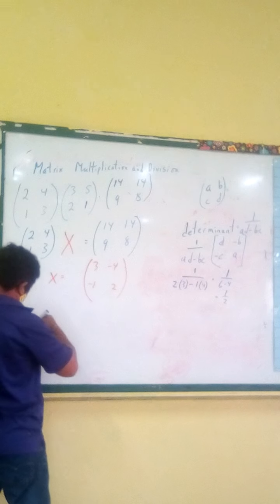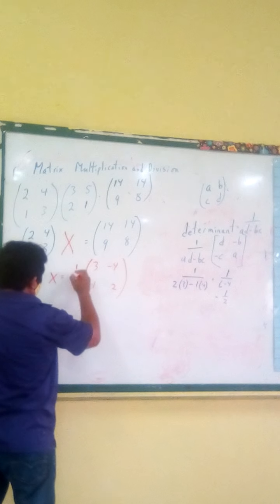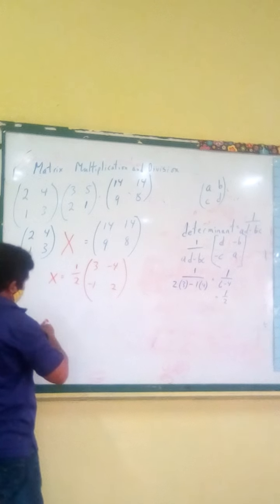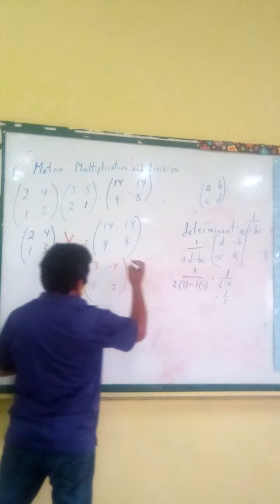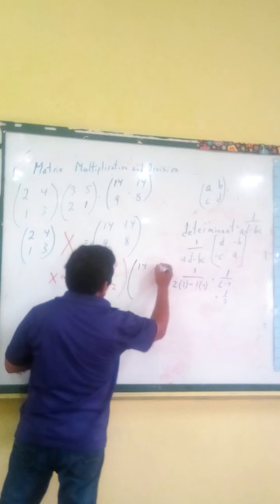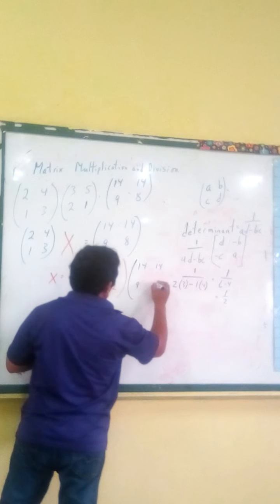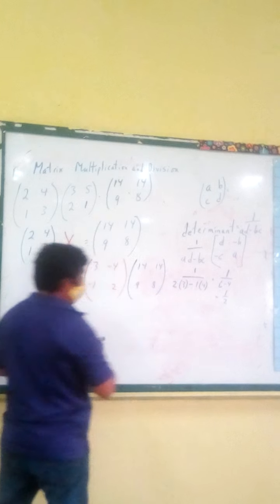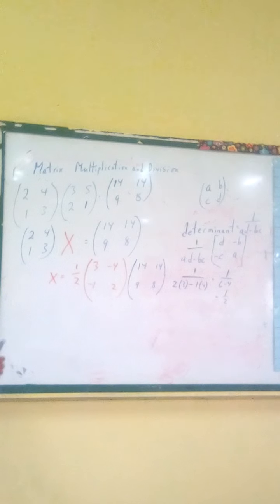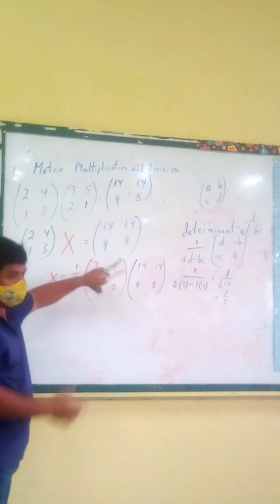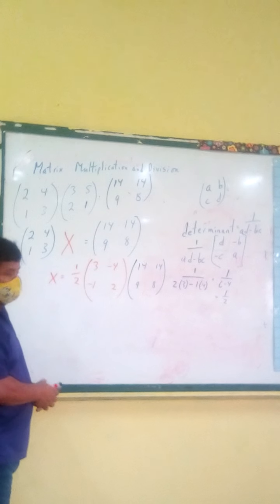So we put that half right in front here, 1 over 2 times the matrix which we have here, 14, 14, 9, and 8. Now we have just transposed this matrix to the other side of the equation. That's why they change sign and they get inverted.